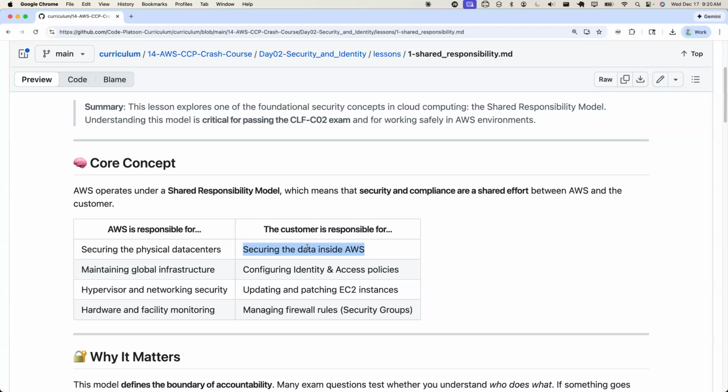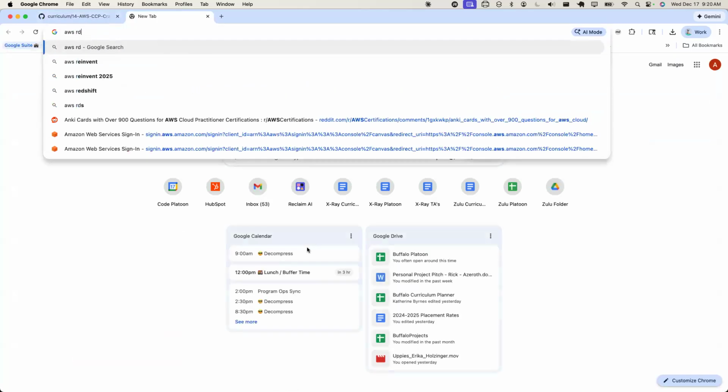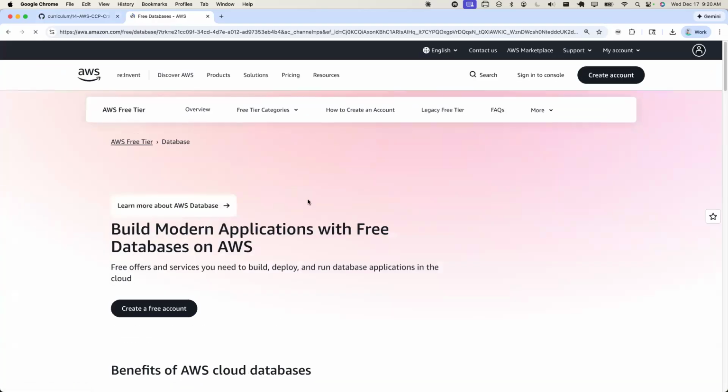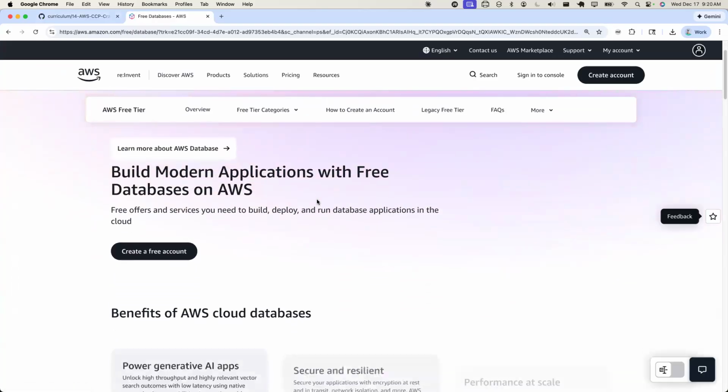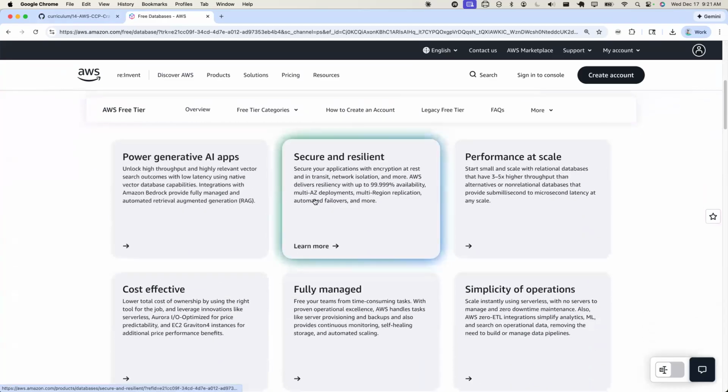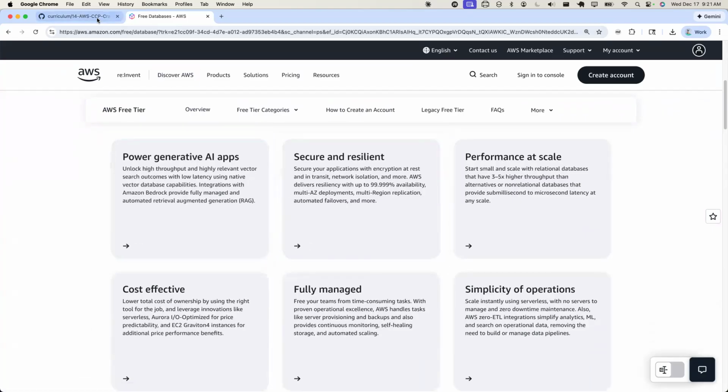If we think about data in Postgres, if we used Amazon's relational database or RDS, which is how we can have Postgres or any other kind of relational database like MySQL or whatever on the cloud.